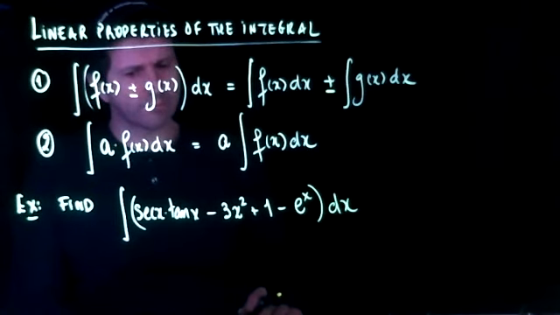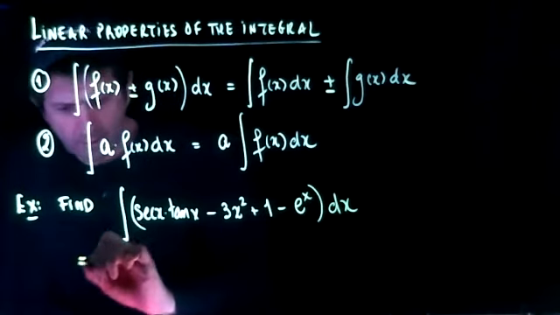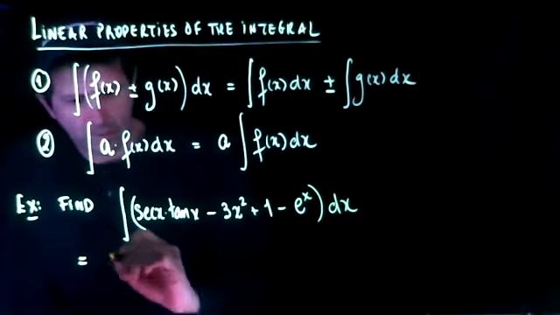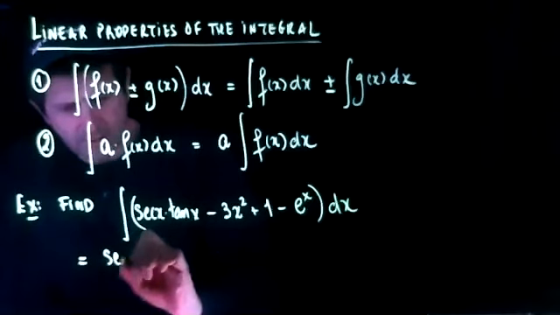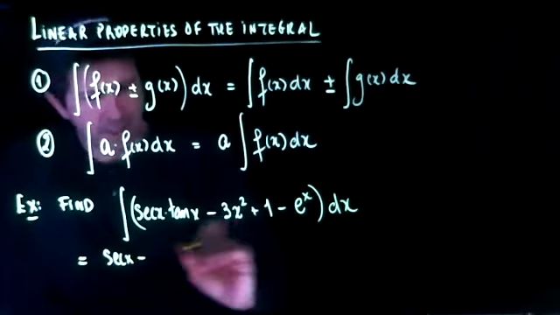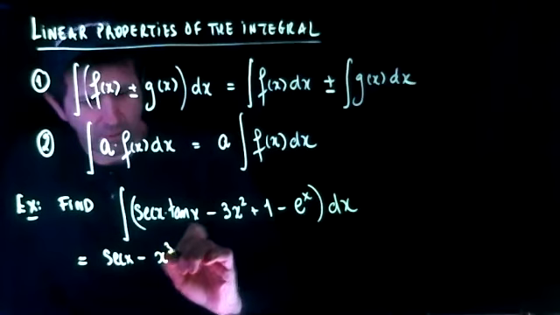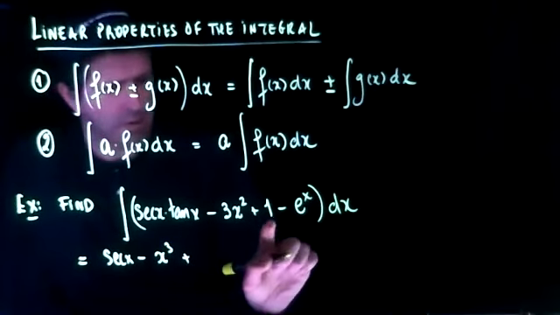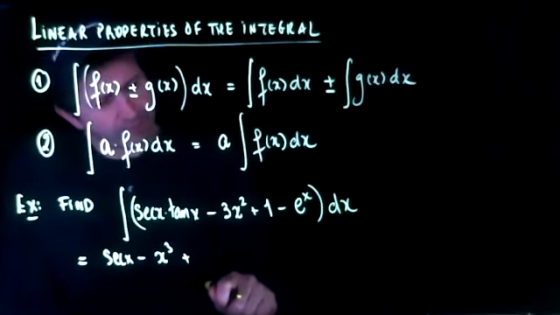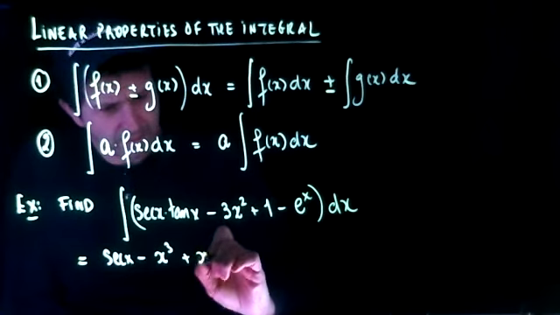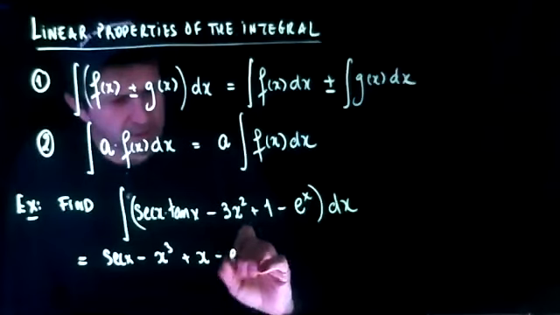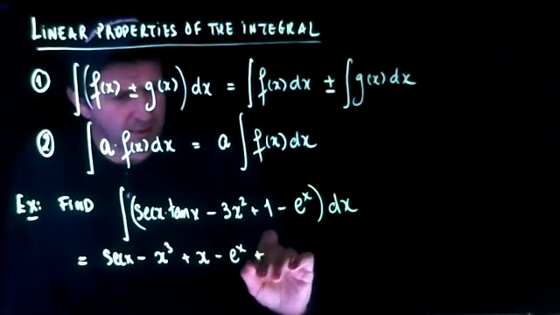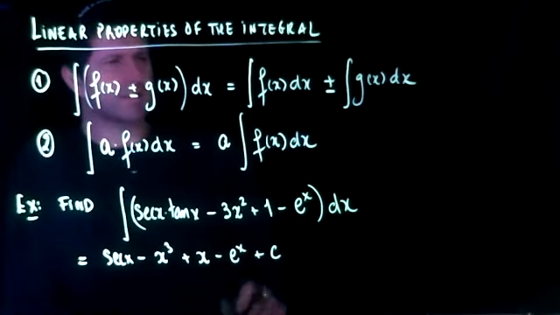It's secant x minus 3x cubed over 3, which is just x cubed. So it's equal to secant x minus x cubed. And the 1 becomes x, so plus x. And this is minus e to the x, and then plus c. Do you understand this?